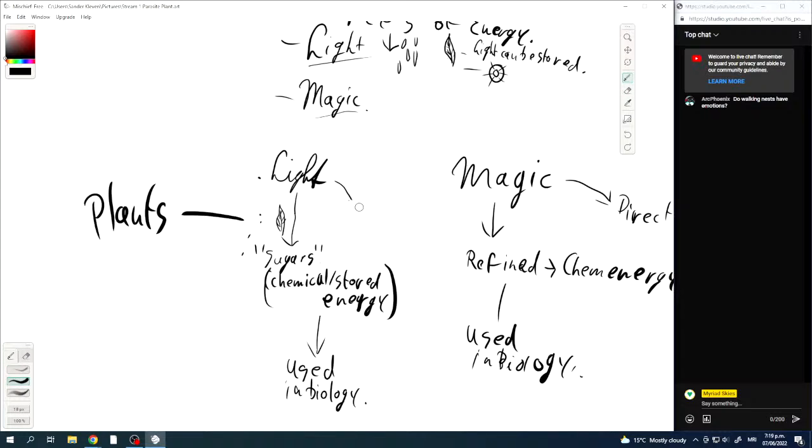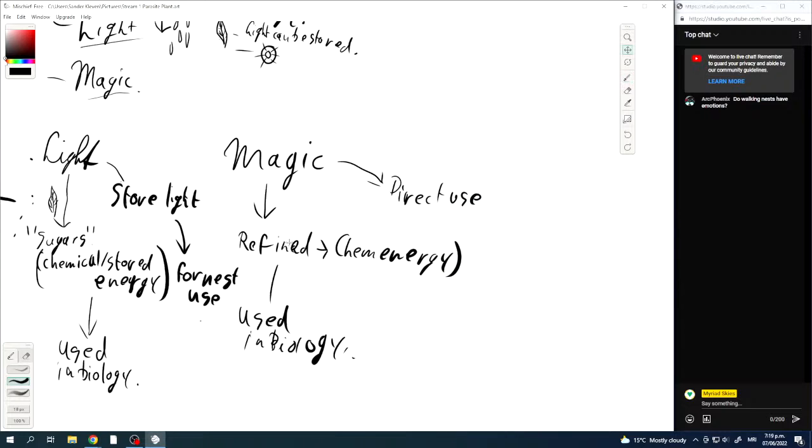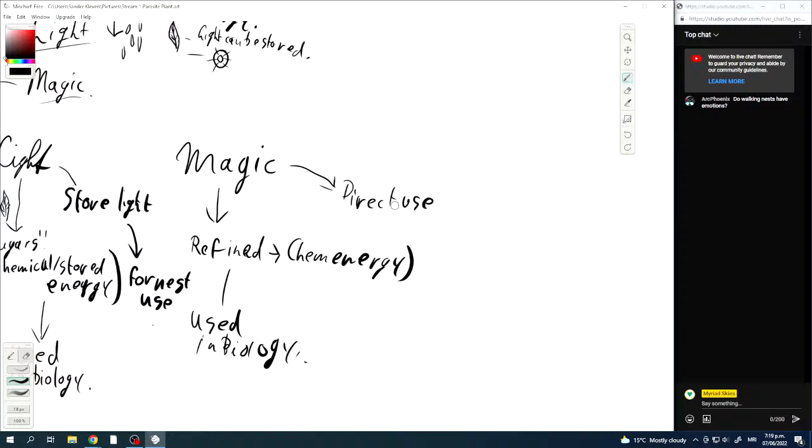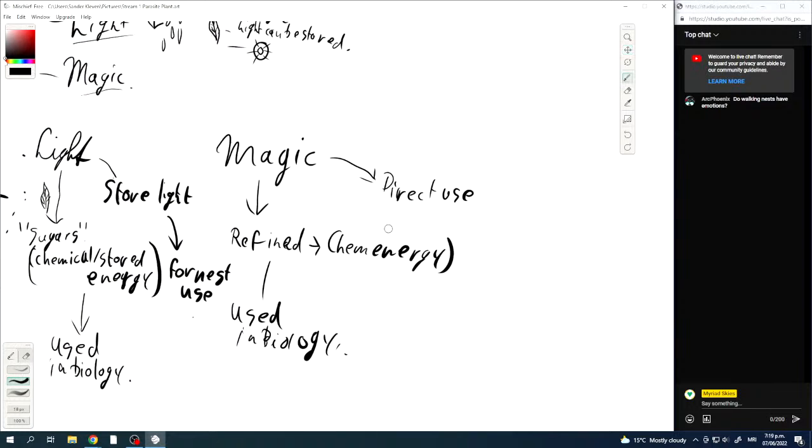So, store lights for nest use. Magic can actually be used directly. Having other things store magic doesn't make a lot of sense.